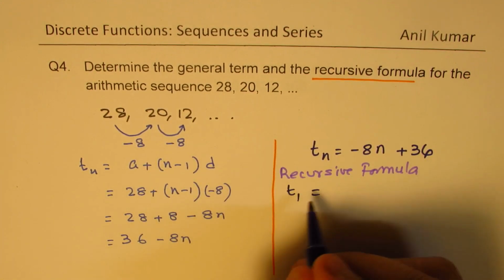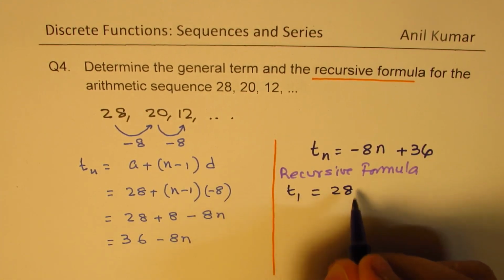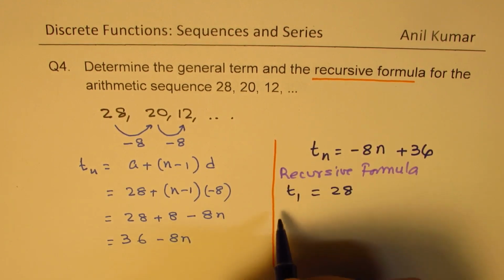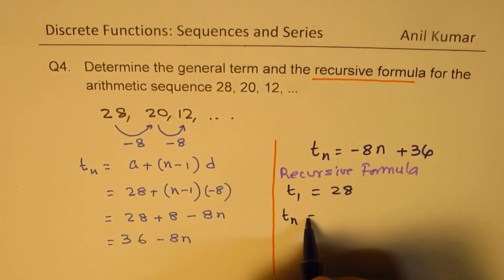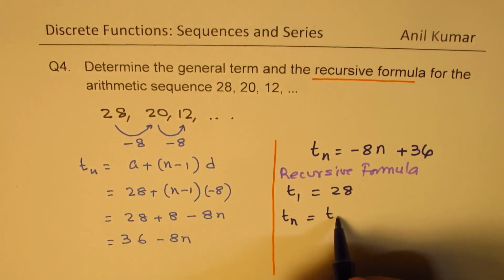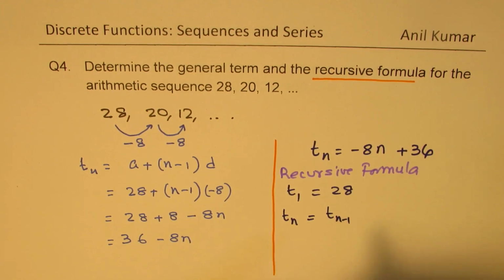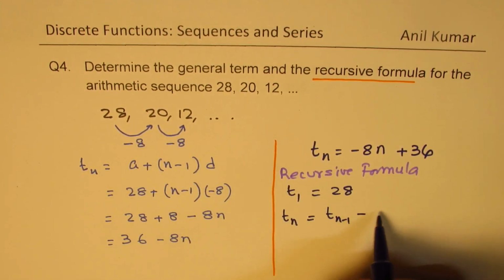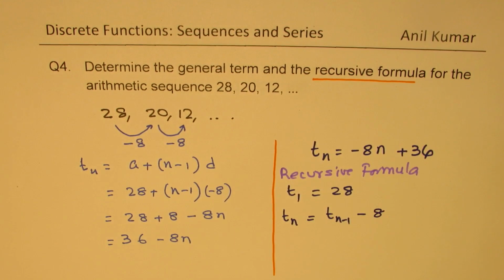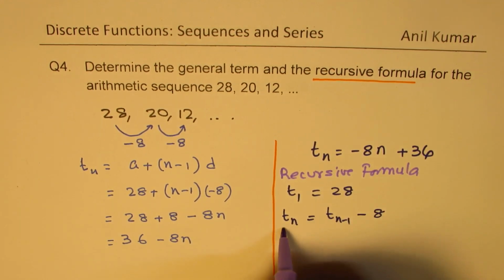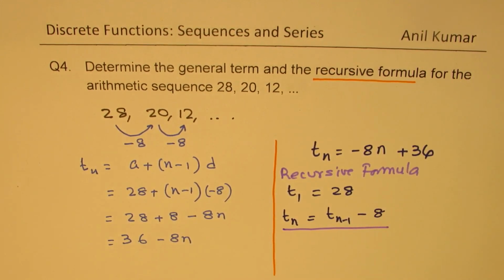In this case, mentioning that the first term is 28 can help us find the formula. Now we can say that the nth term is the previous term, n minus 1, take away 8. So that becomes your recursive formula. Is that clear to you? Perfect. So these are the two solutions for our question. That's how you do it.